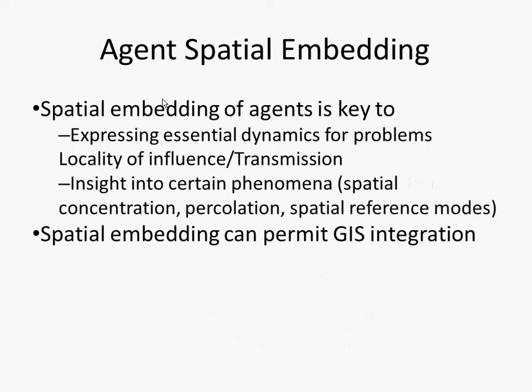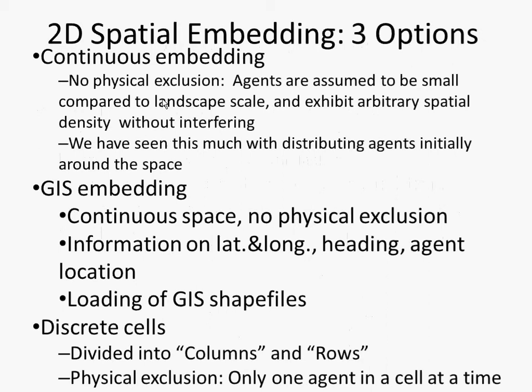And spatial embedding can be of quite central interest for certain types of problems where GIS systems are used, geographic information systems. There's three types of spatial support provided by AnyLogic. One is continuous embedding, one is GIS embedding, and one is discrete cells. GIS embedding shares a lot of features with continuous embedding, but it has some additional types of information it can maintain.